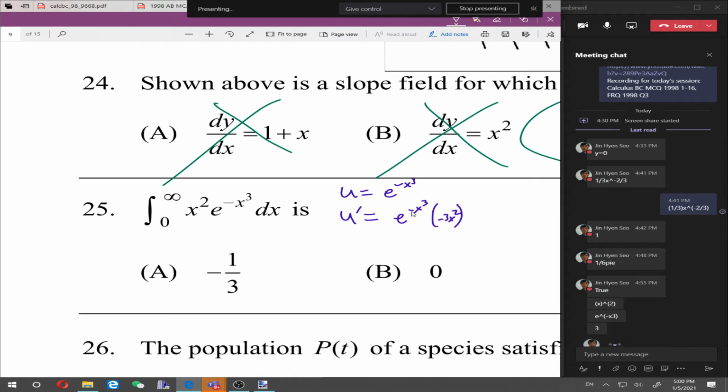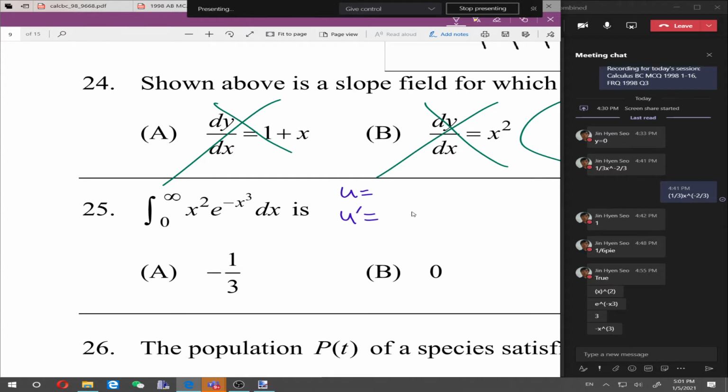Let's try one more. There's one more thing we can put for u. Negative x cubed. Okay, that's it.